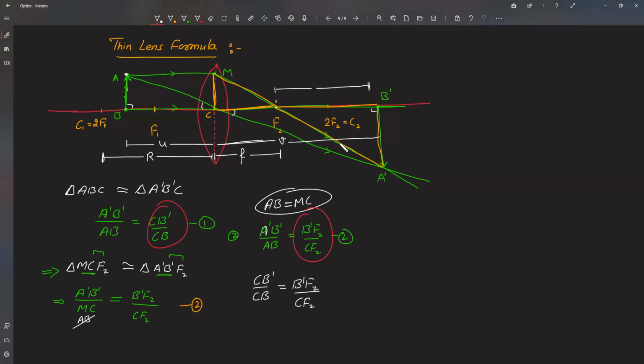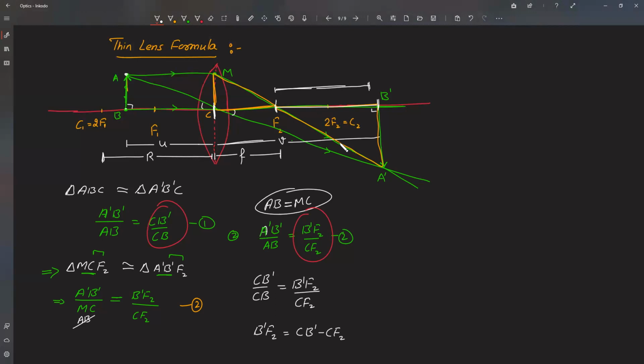This distance is simple. B dash F2 is nothing but CB dash minus CF2, that will give you this F2B.